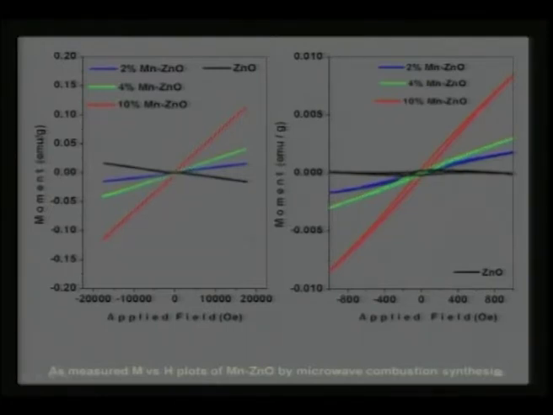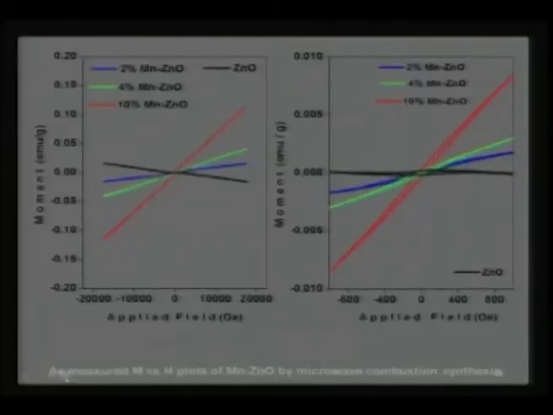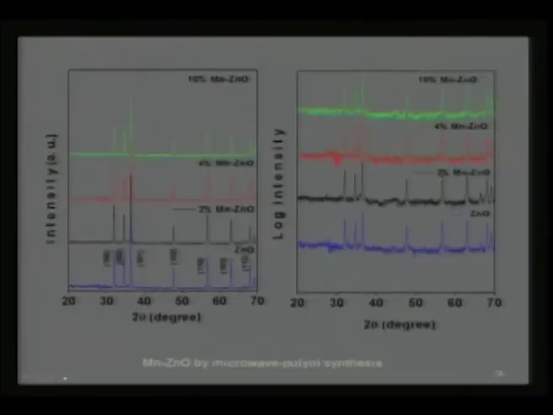Therefore, it gives a very convincing signature that it is indeed a doped situation, but actually what we see here is it is not just manganese doping, it is something more than that. You seem to end up with different oxidation states of manganese. So, a rapid combustion route clearly gives evidence for something other than manganese 2 plus, which is present in the ZnO lattice.